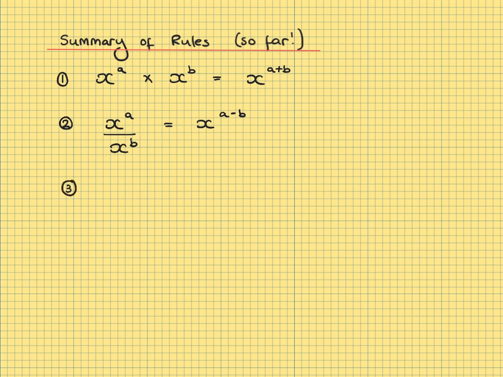And in today's lesson, we've seen that if you have x raised to the power a, all raised to the power b, you can simplify by multiplying the powers together, and you have x to the power of ab. Now, in this case, we do need to remember what happens if you have, for instance, and this is just an example I picked at random, 3x to the power of, let's say, 7 here, all raised to the power of 2, then you need to remember that this will become 9x to the power of 14.